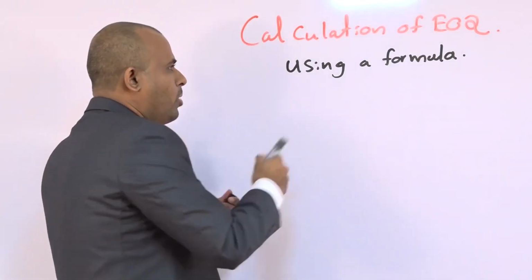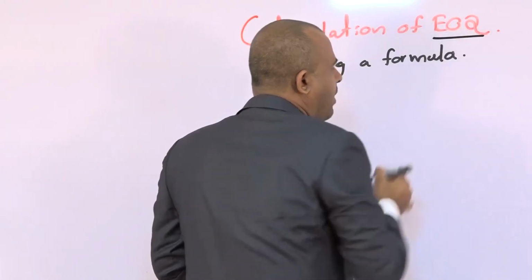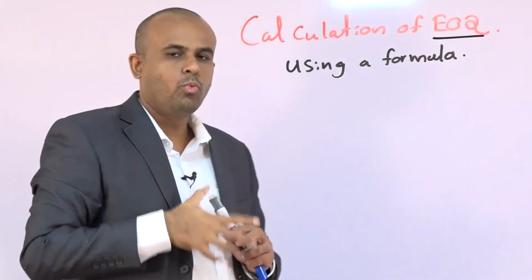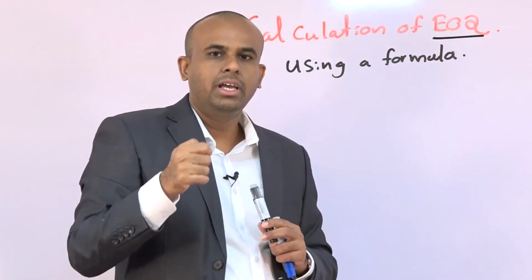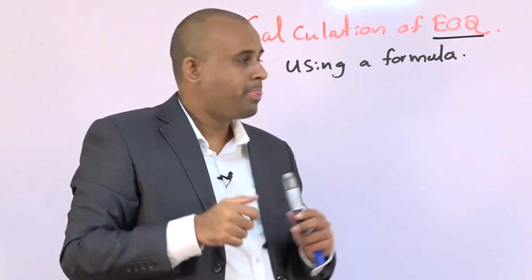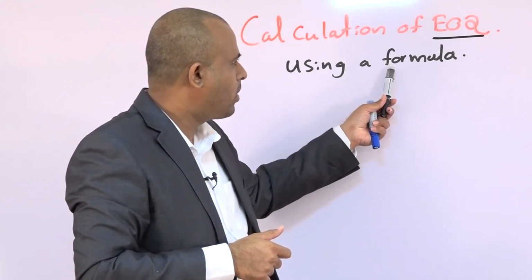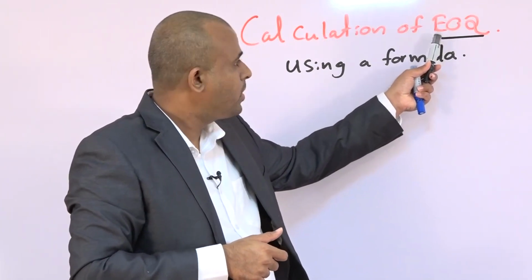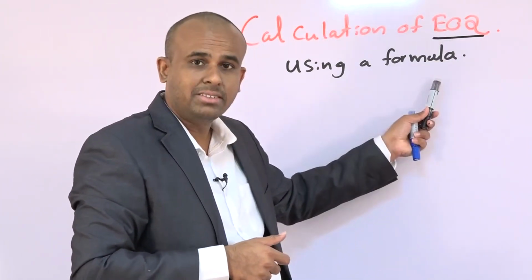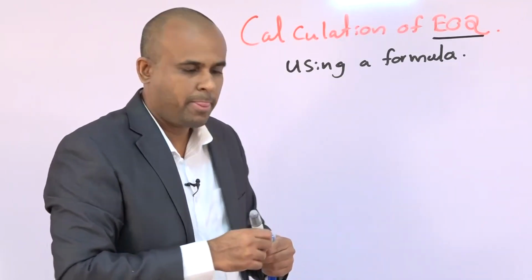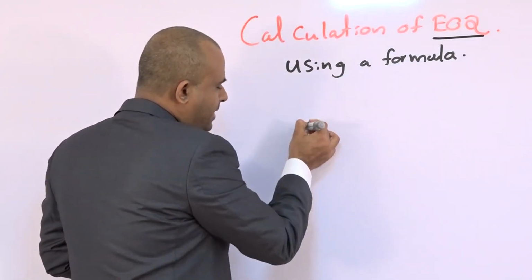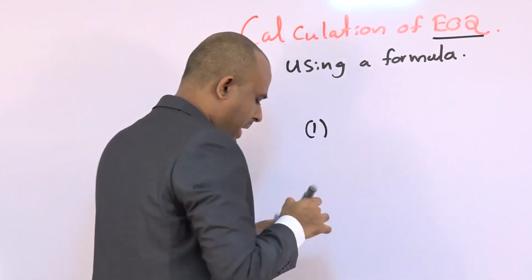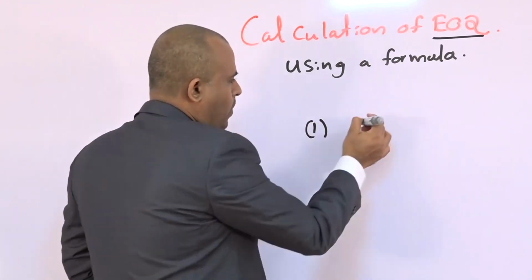When calculating the economic order quantity using a formula, we are going to use one characteristic of the economic order quantity. The main characteristic that we are going to use here, what?